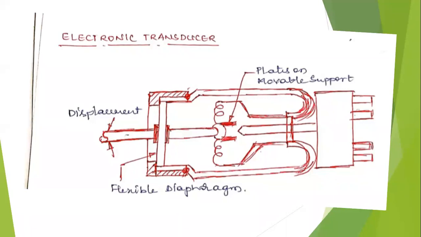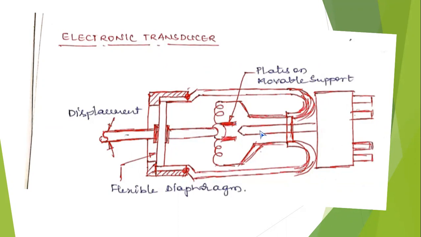Once again, the electronic transducer consists of first the plunger, next the flexible diaphragm, and the spring-like filament. It is made of tungsten, and this filament is connected to the plates.